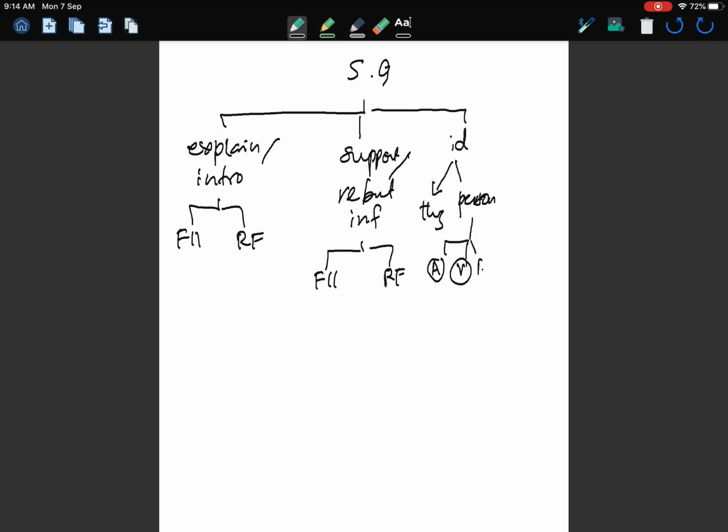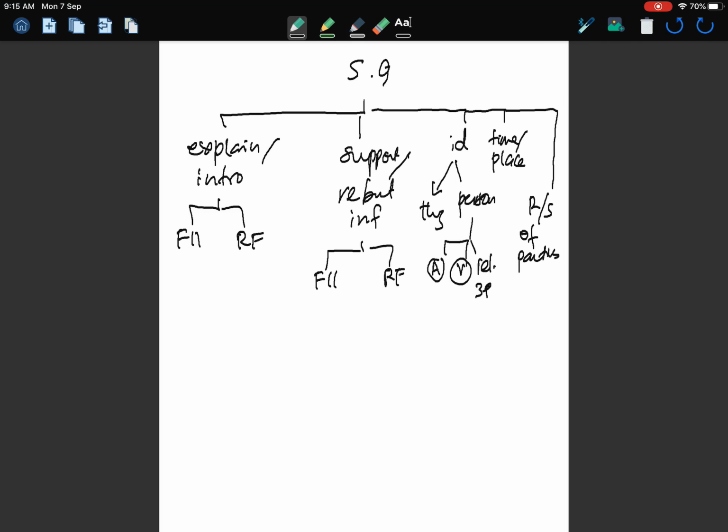When you talk about evidence of identity, it could either be identity of a thing or a person. When you talk about identity of a person, it can be the accused person, the victim, or a relevant third party. So the fourth category will be facts which indicate to you the time and place where the facts in issue or relevant facts happened. And the last one will be facts which show the relationship of parties. So this will be what is relevant in Section 9.